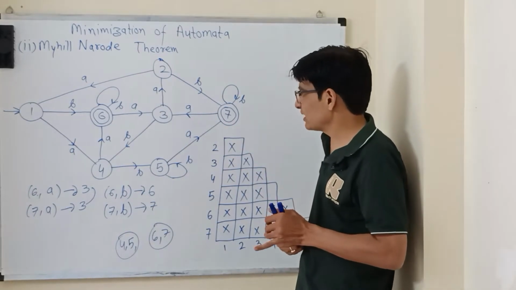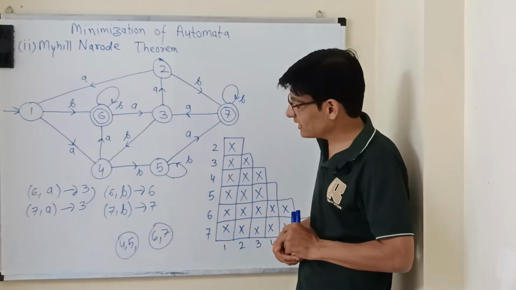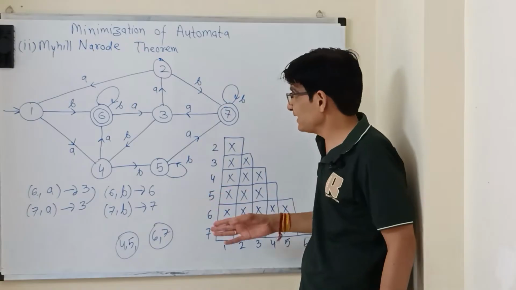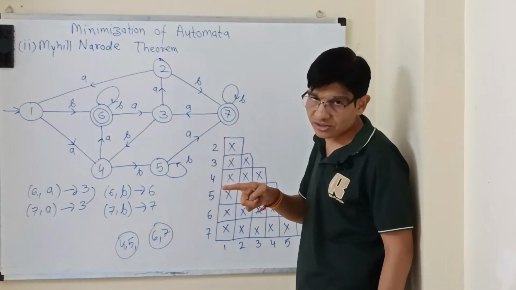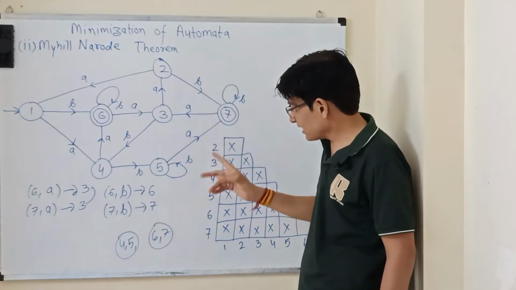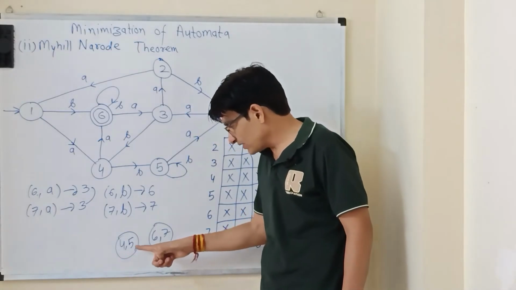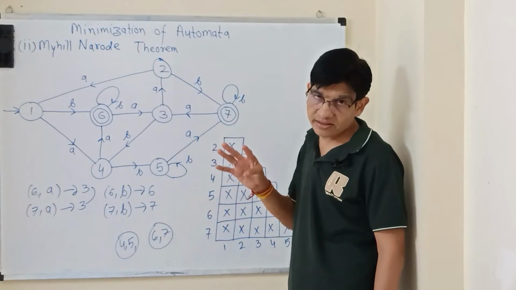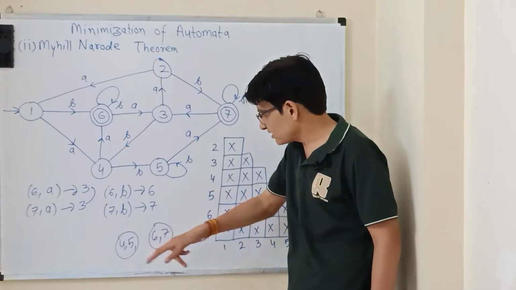Now you can see, my friend, if you refer to the last video of this playlist, we used the equivalence theorem or set method to minimize the same DFA, and using that method also, we are having only five states in the resultant DFA.